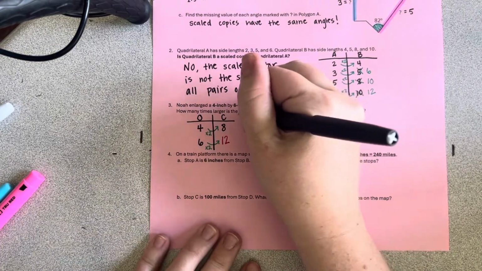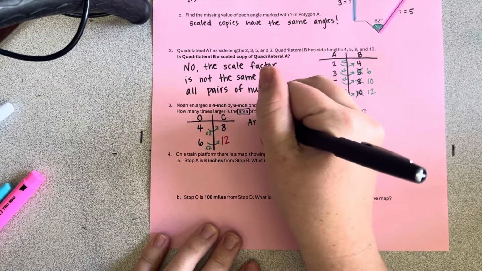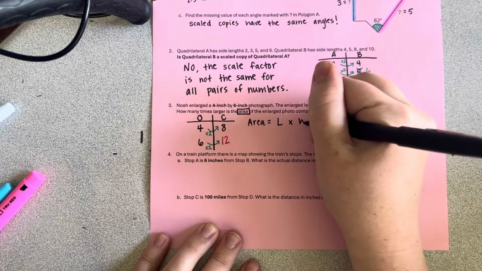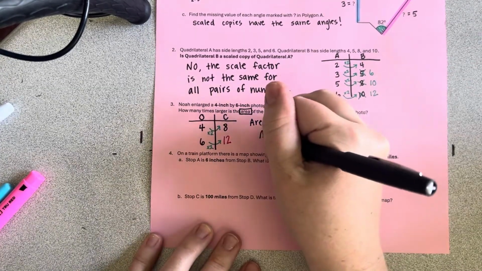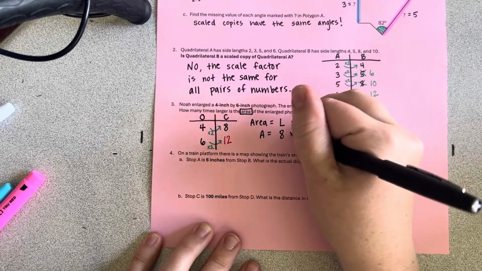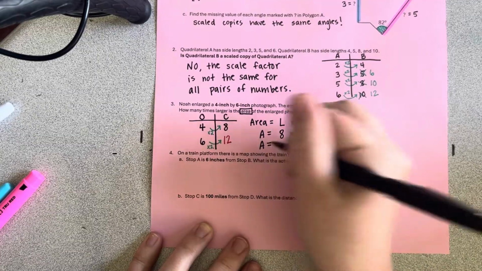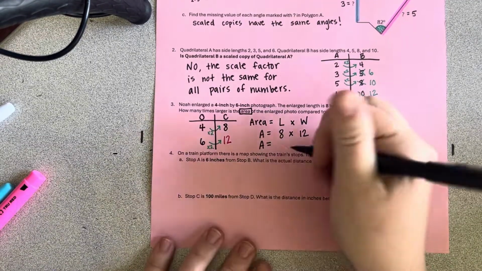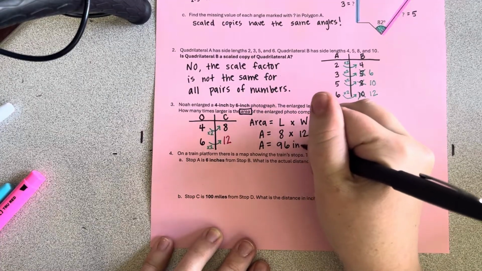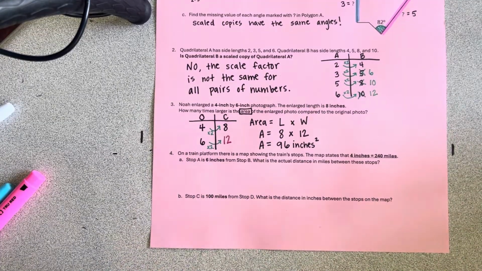Now, if I want to find the area of the enlarged photo, I know that area is calculated by taking length times width. So for this photo, I would take 8 times 12. 8 times 12 is 96, which would mean my new area is 96 inches squared.